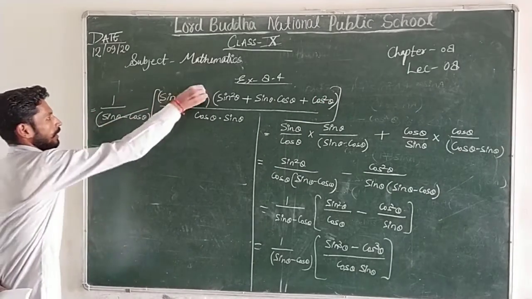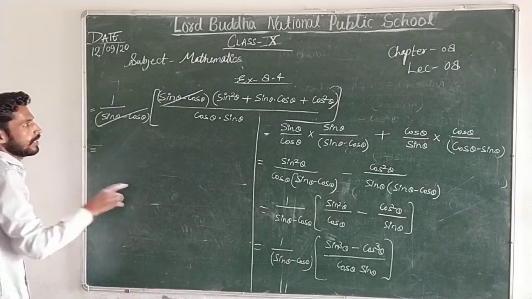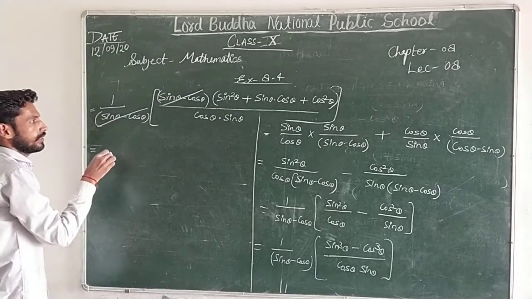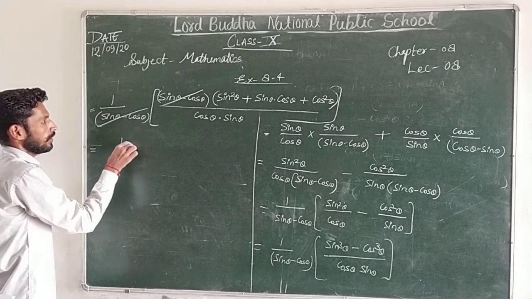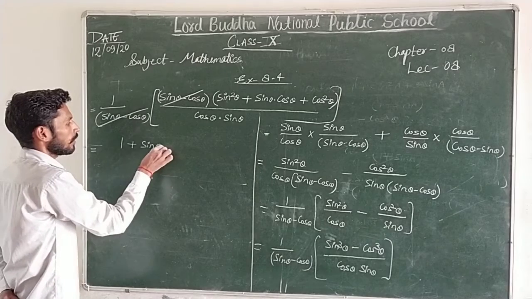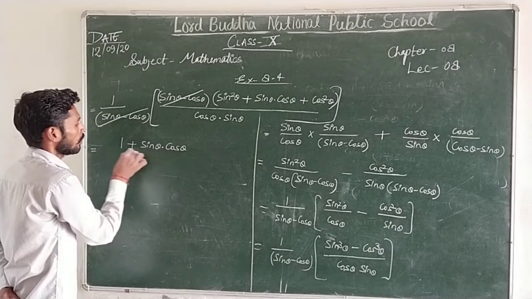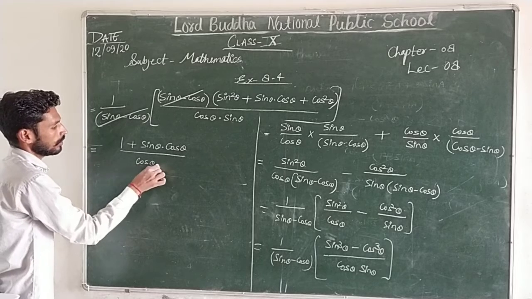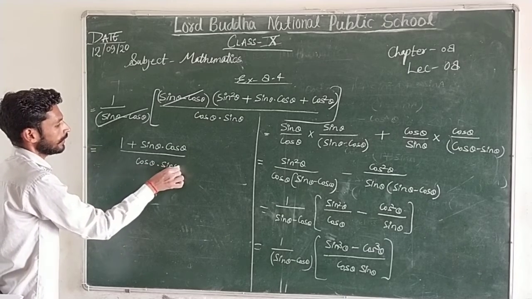Here it can be cancelled, and sin square theta plus cos square theta is equal to 1. So we can write here 1 plus sin theta into cos theta whole upon here is cos theta into sin theta.